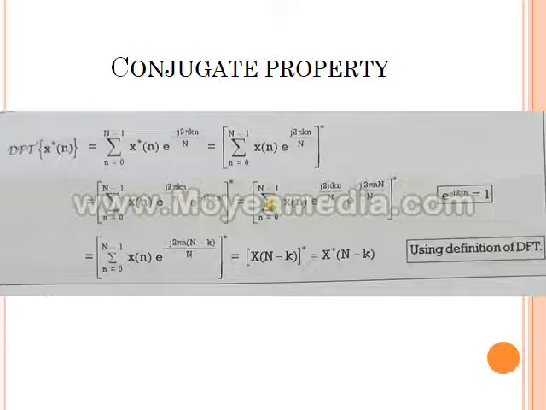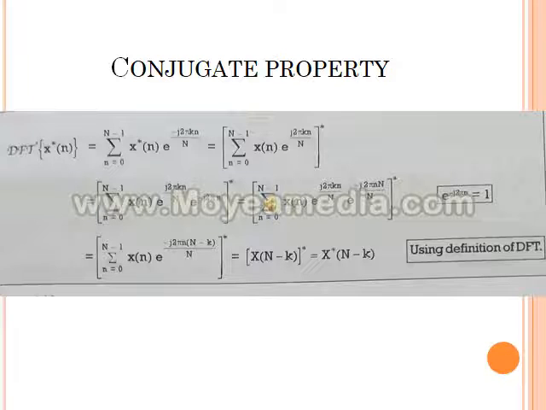So what we get is summation n equal to 0 to capital N minus 1, x star [n] e raised to the power minus j 2 pi kn by capital N. So this we can replace by summation n equal to 0 to N minus 1, x[n] e raised to the power, now because in the basic expression it is minus j, but we are taking the conjugate of the whole expression, so it becomes plus j, e raised to the power j 2 pi kn by N. So this we can write as summation n equal to 0 to N minus 1, x[n] e raised to the power j 2 pi kn by capital N into e raised to the power minus j 2 pi n, because e raised to the power minus j 2 pi n is equal to 1.